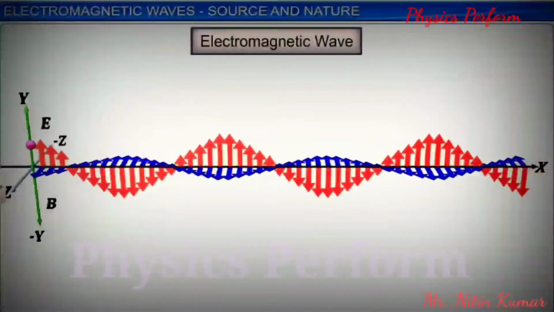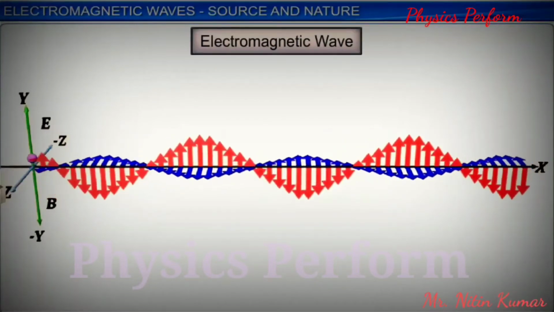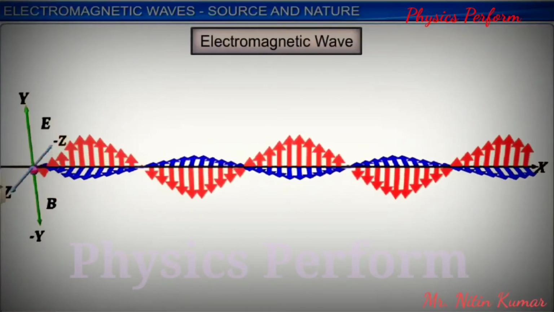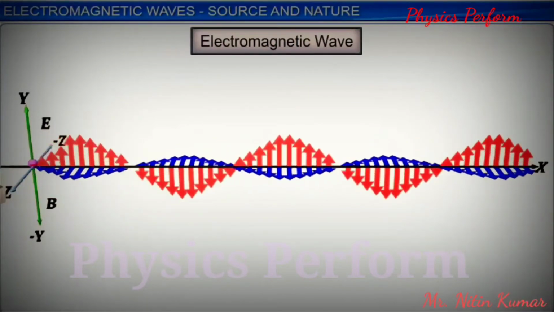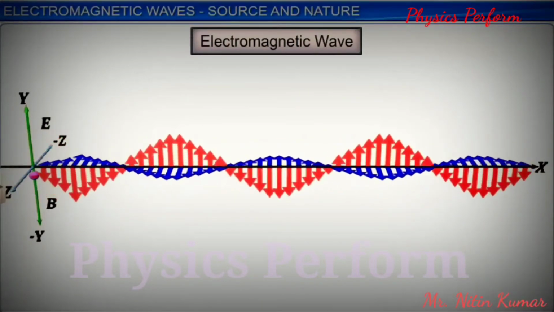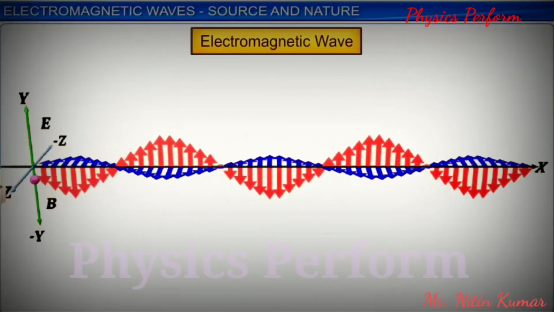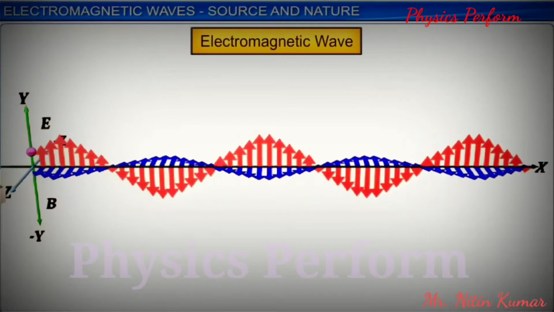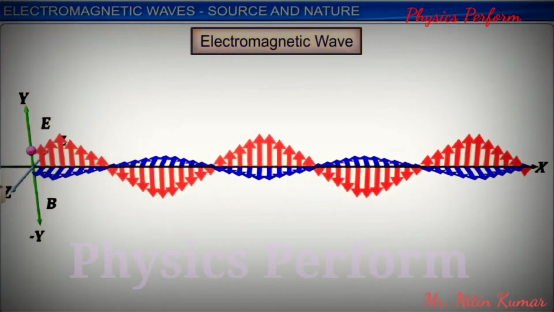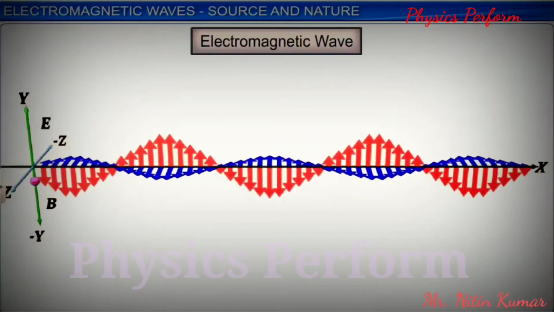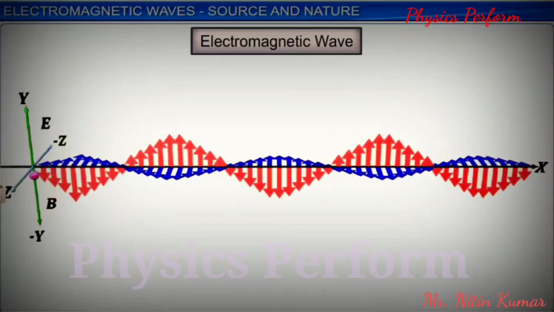The oscillating electric field and the oscillating magnetic field regenerate each other and propagate along the x-axis. This wave is called an electromagnetic wave. Its frequency is equal to the frequency of the oscillating charge. According to the law of conservation of energy, the energy lost by the oscillating charge converts into the energy of the propagating wave.